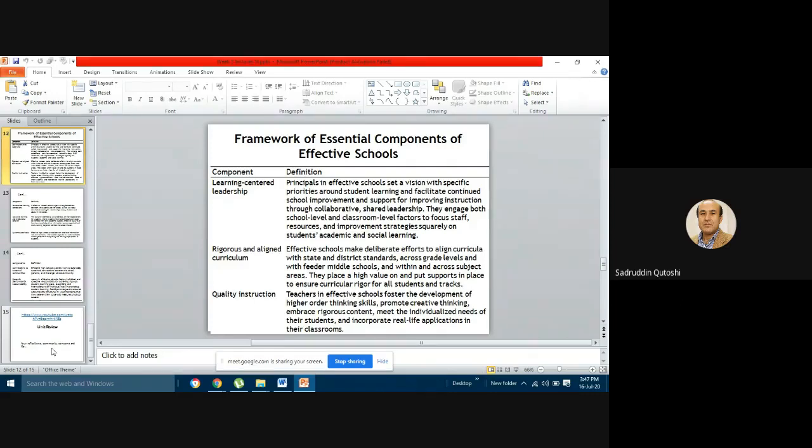So this is not simple, ensuring what learning-centered teaching is.